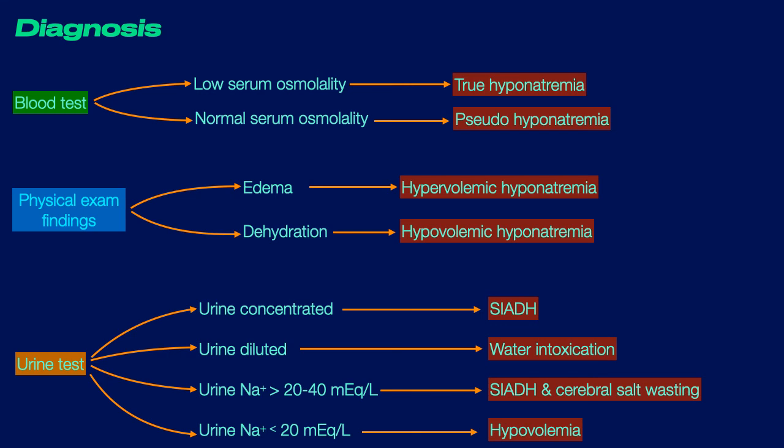The urinary sodium concentration could also be helpful, with greater than 20 to 40 milliequivalents per liter suggesting the syndrome of inappropriate ADH and cerebral salt wasting, and less than 20 milliequivalents per liter suggesting hypovolemia.